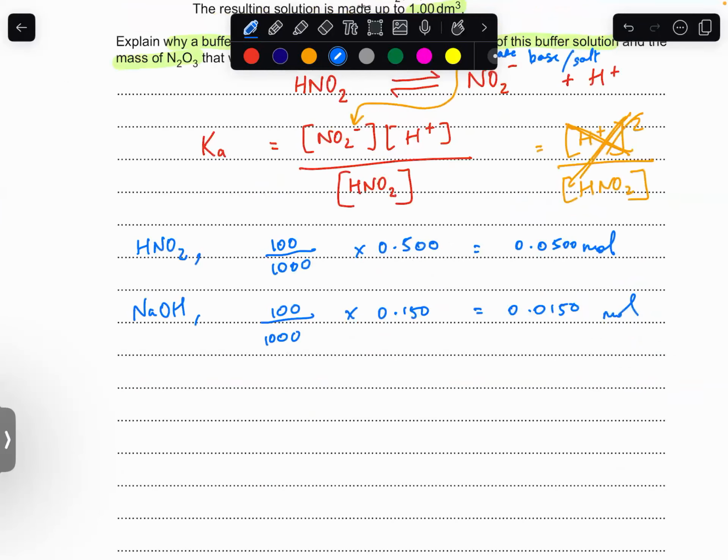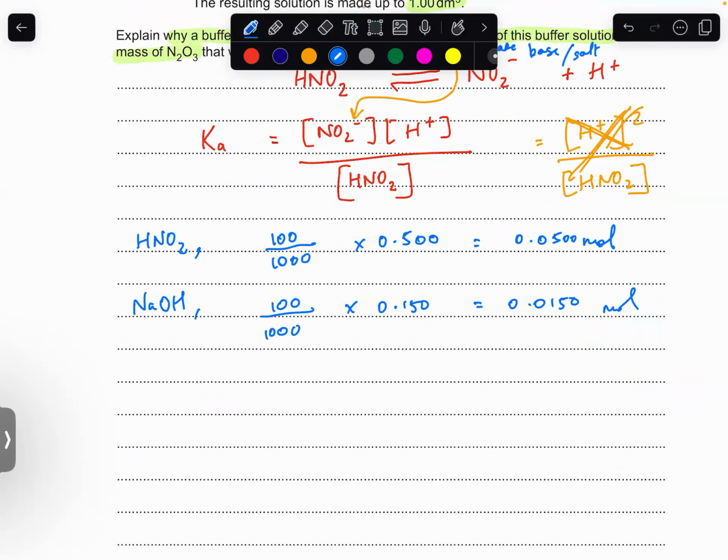As you can see, when you react these two together, sodium hydroxide gets all used up. And so what you're going to end up with is HNO2, you will have 0.0350 moles.